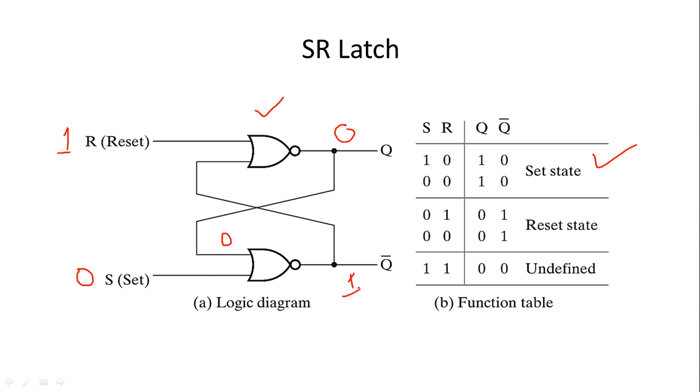So here Q naught is 1, which is given as input to the first gate again, that is 1, and R is also 1. 1 NOR 1 is again 0, and 0 comes back to this one, 0 0 again 1, and it stops here and shows a state that is reset, meaning Q is 0 and Q naught is 1.